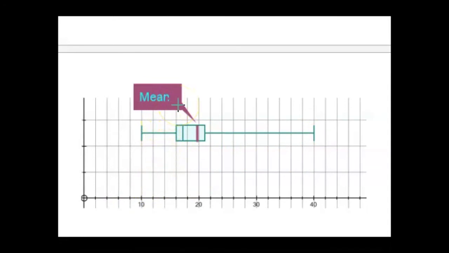We could put the mean value of 19.8 on this as well, and we know that if the mean is higher than the median, then we have positive skew.